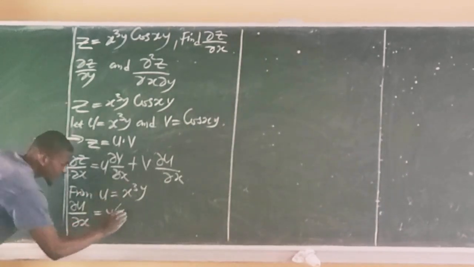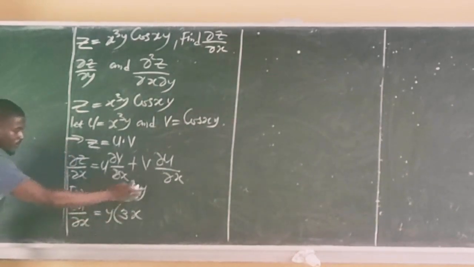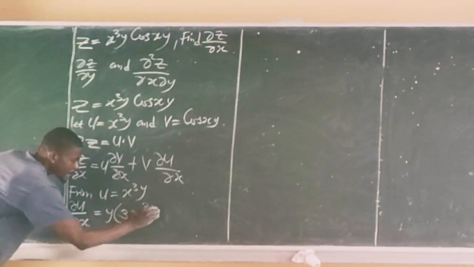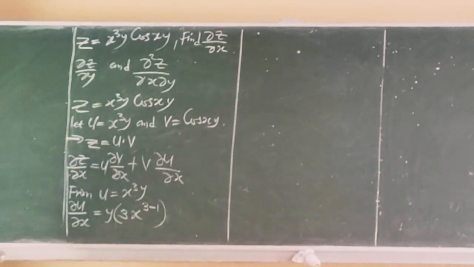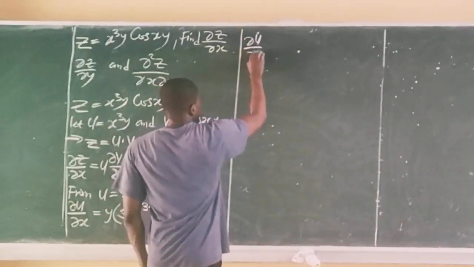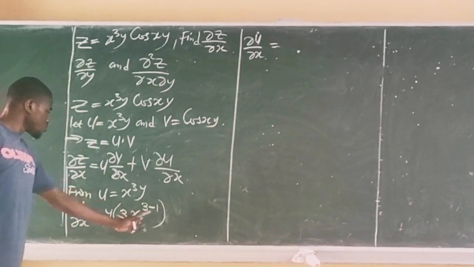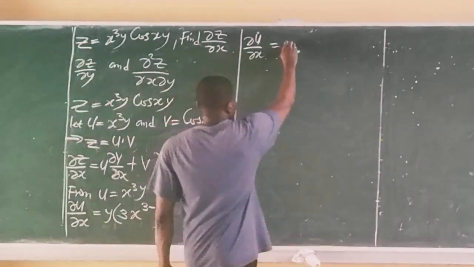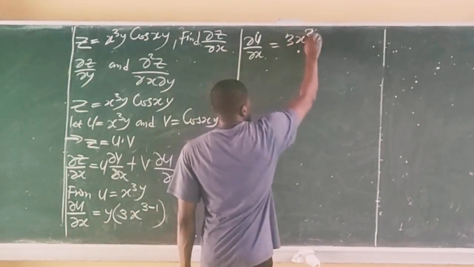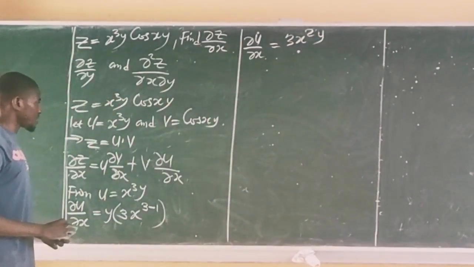So I will have 3, which is the power of x times x, then subtract 1 from the power of x. So I have 3 minus 1, which is simply 2. So I have 3x squared times y. That gives me partial u, partial x.